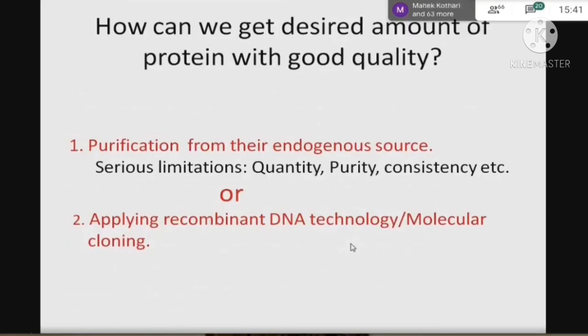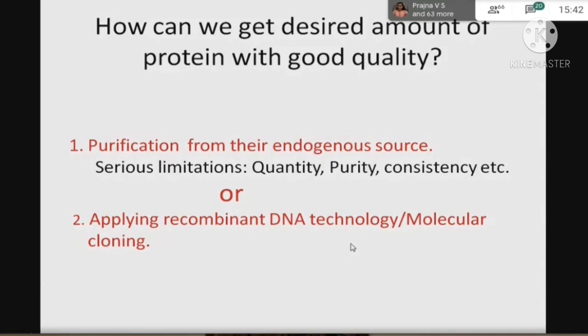There are two options. Either we purify from natural sources, from their endogenous source, or we apply recombinant DNA technology. If we purify from a natural source, suppose we purify insulin from our body, there are limitations. We cannot purify a good quantity of insulin, and second, we will get contaminating protein along with our insulin protein.